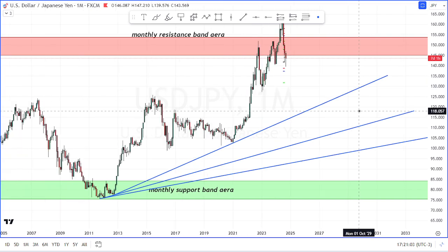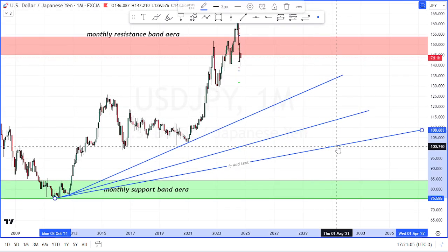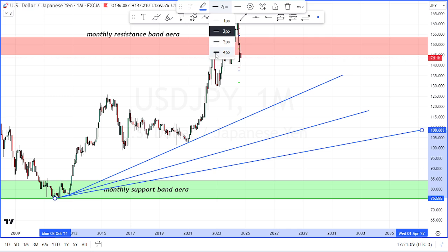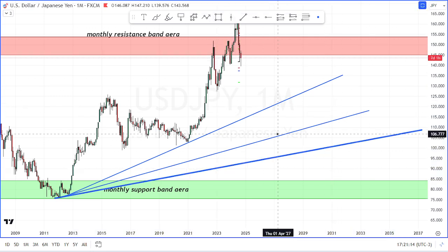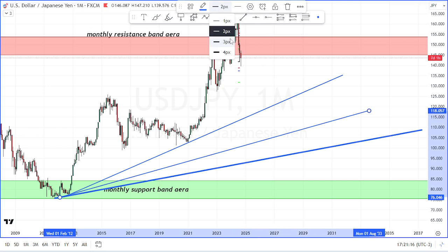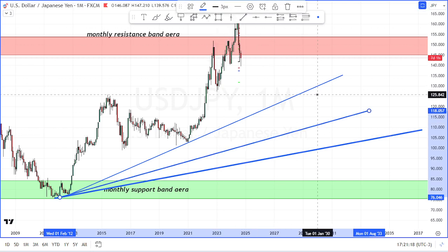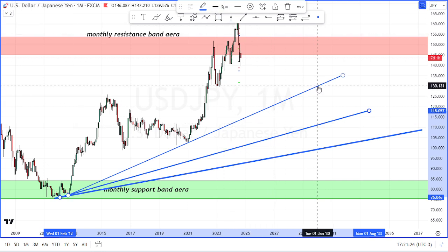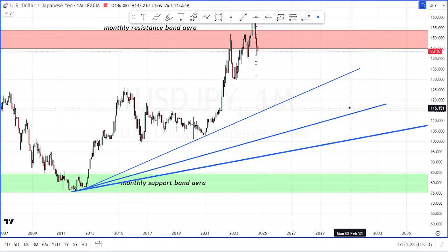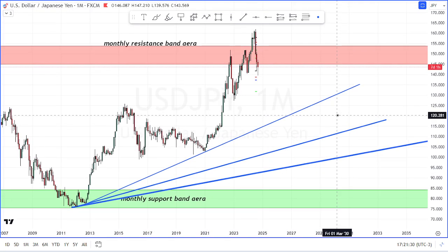Okay, I repeat again, it is the long trend line. It is the strongest among all the trend lines. I don't want to change the color, let's leave it like this.